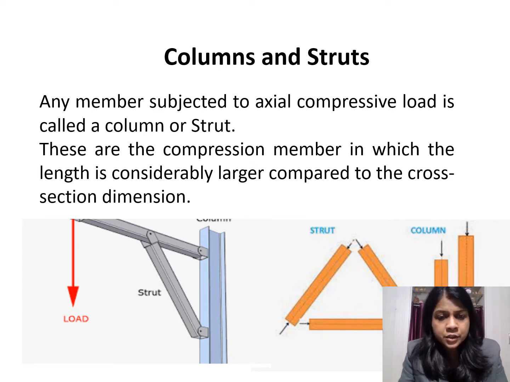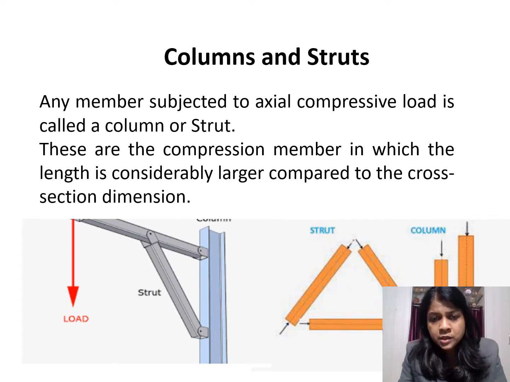Now you can see here in these two figures that there is a small bar taking the load of the beam. So this short member is called a strut. Here also the members are inclined and horizontal in nature.